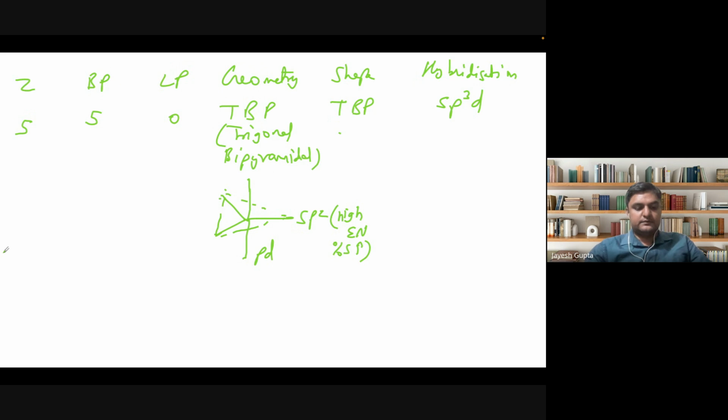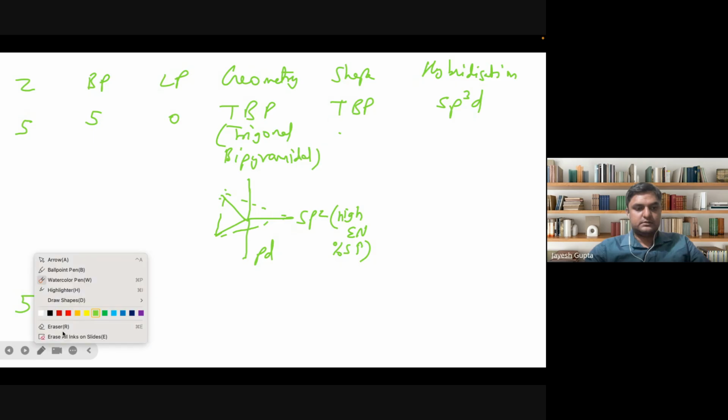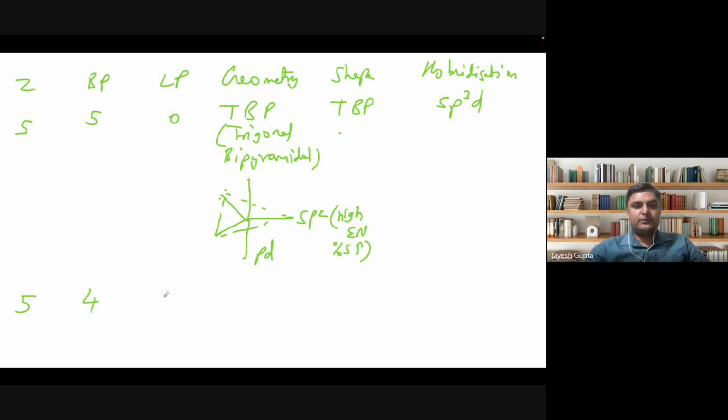Okay, so now we can write this one. Here it will come 4. Here it will come 1. So now if you are putting lone pair, it will be looking like this one.